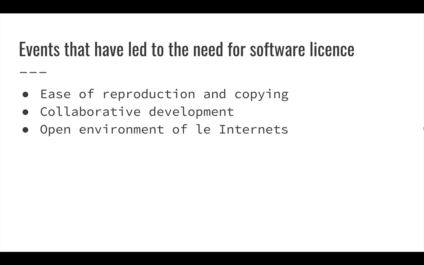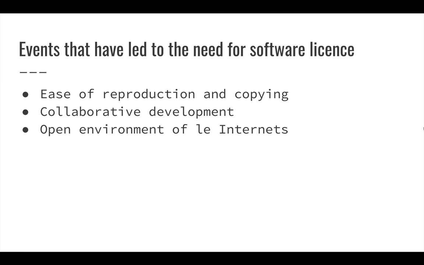The final thing that has brought the need for software licenses is the internet. The internet is a broad and vast network. From a negative point of view, there's a lot of stuff out there and it's very easy to share. So we need to have boundaries and basically sets of agreements and rules of how we engage in software to stop illegal piracy.